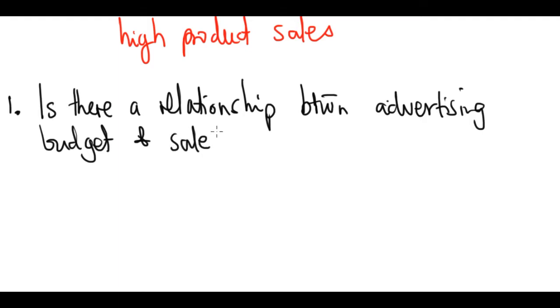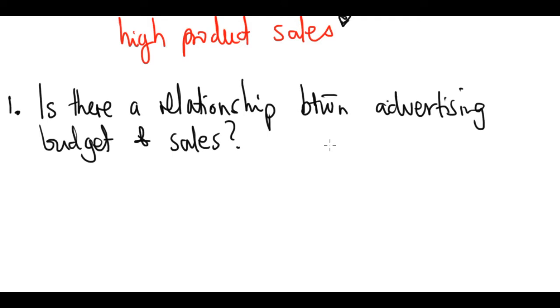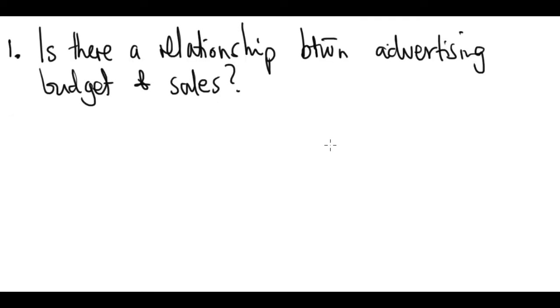Very good question, because maybe we are given this information, but actually there's no relationship between the budgets that we're putting into TV, radio, and newspaper and the sales. Maybe there is actually no relationship. So in this chapter, we'll be trying to see, is there even a relationship? That is question number one.